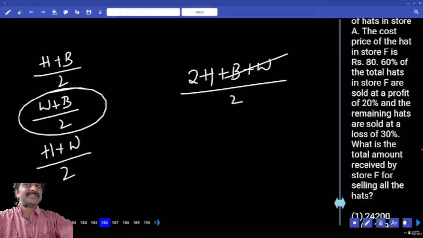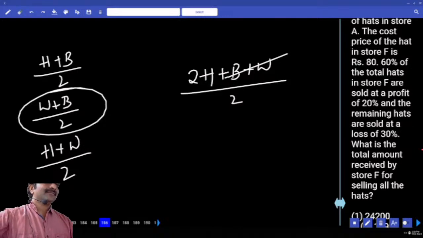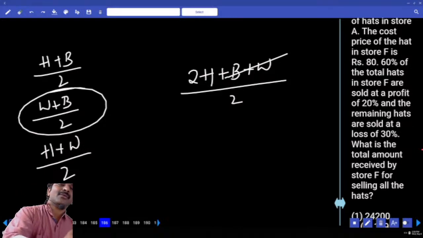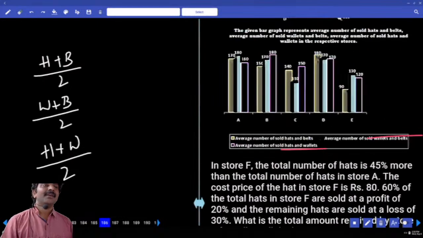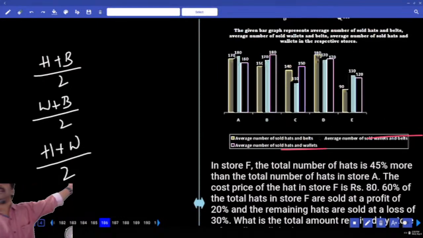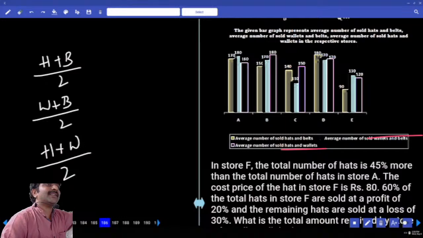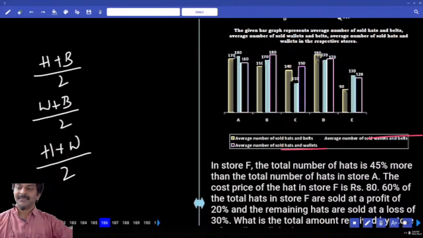Then finally how much is left? H is left. So whenever you want to calculate number of hats, identify H is in which equation, first and then last, and the extra one is the second one. If that is subtracted, you will get number of hats.